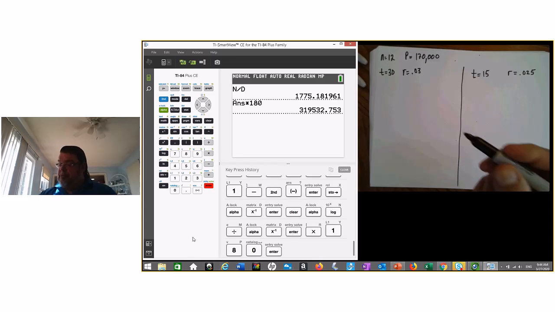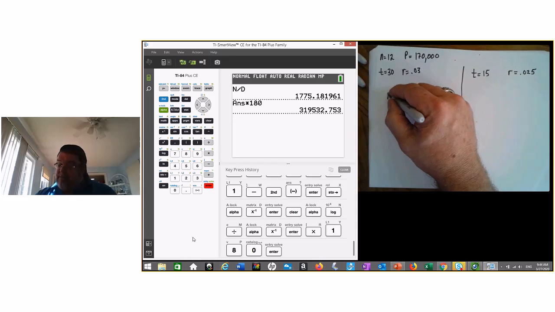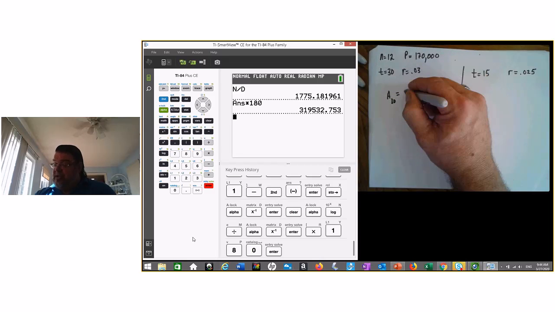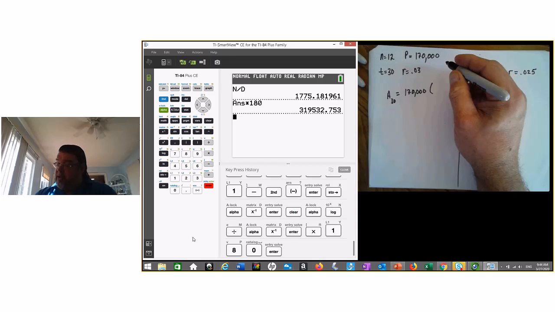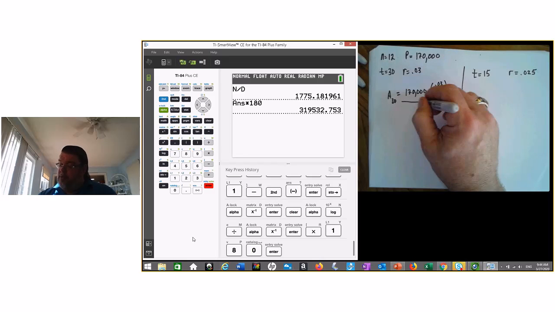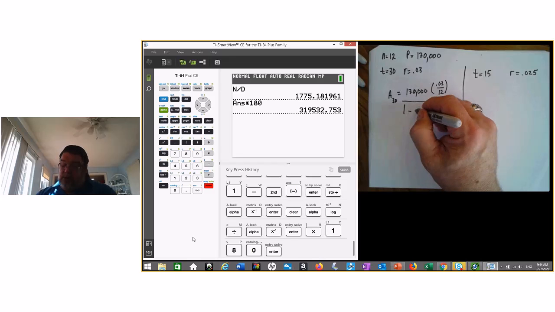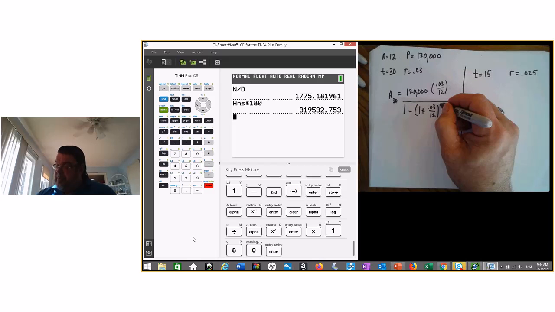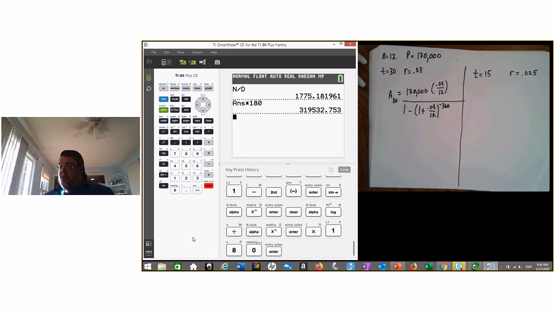So just for instructional purposes, I'm going to plug it in. A of 30 is equal to 170,000, parentheses, 0.03 divided by 12 over 1 minus, parentheses, 1 plus 0.03 divided by 12 raised to the negative 360 power. So technically all you have to do really is just change the fraction and redo the calculation.